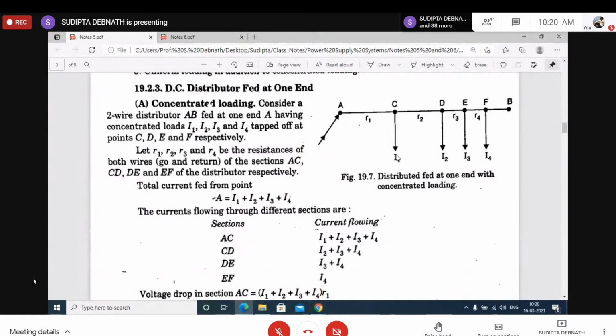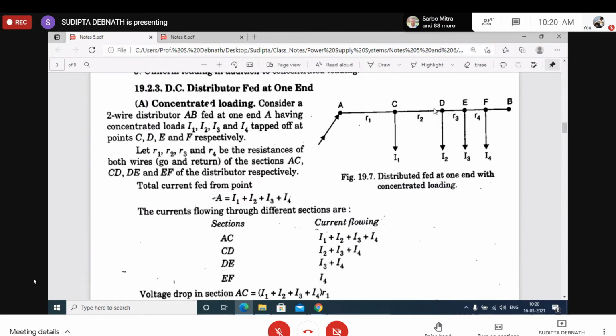So, you can find there is no load here and it is fed at only this point. So, what will be the total loading at this point? If the current entering is IA, then IA will be equal to I1 plus I2 plus I3 plus I4. And what will be the current at CD? Definitely it will be IA minus I1.